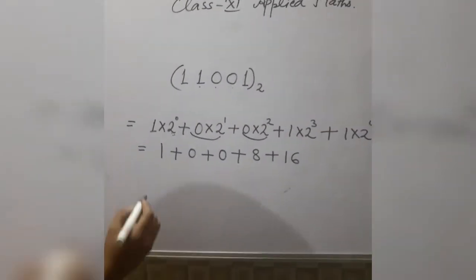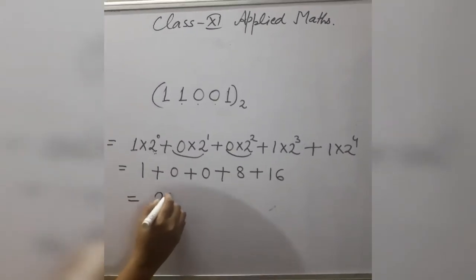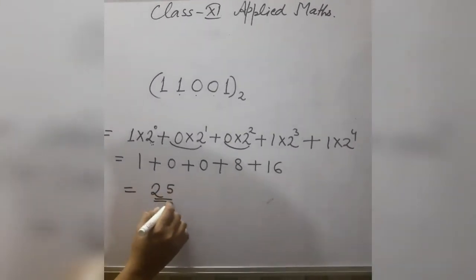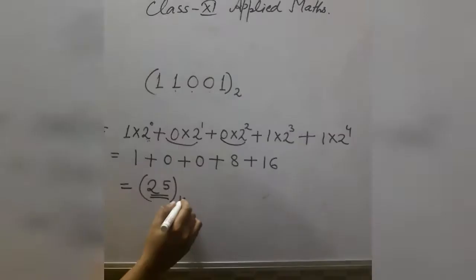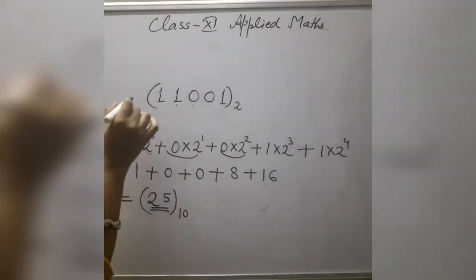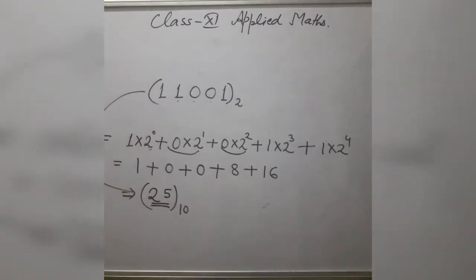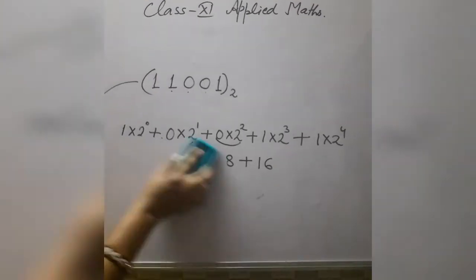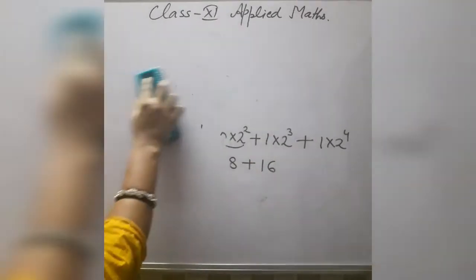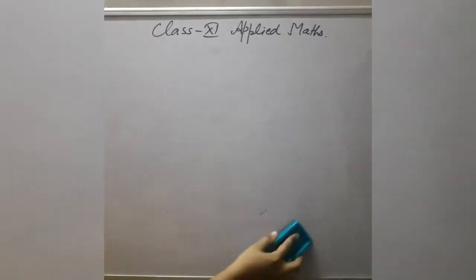Now 16 plus 8 is 24. 24 plus 1 is 25. So this is the decimal number of this binary number. The base in this case is 10. So this binary number is equivalent to this decimal number. So in this way, if any binary number is given to you, you can change it into a decimal number, and if any decimal number is given to you, you can change it into a binary number.